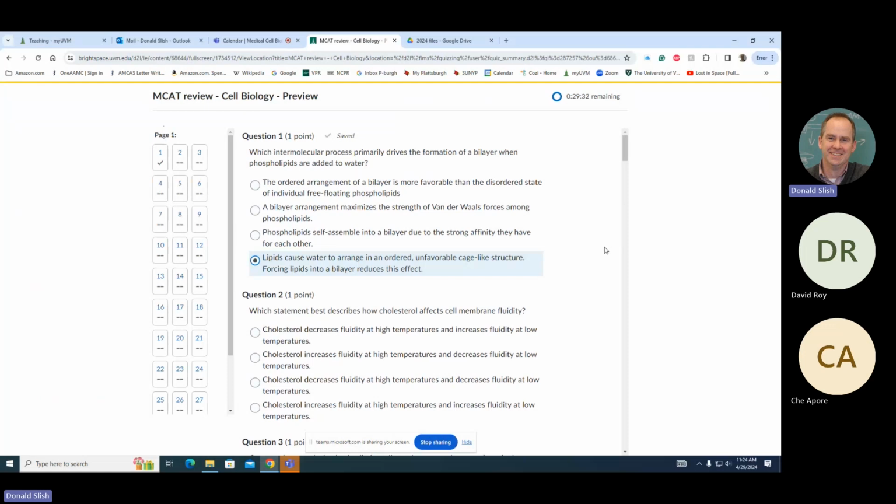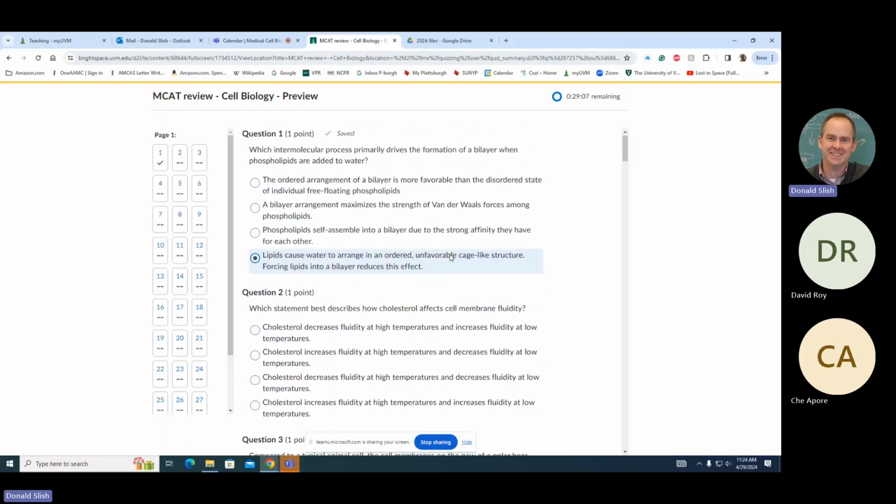They're not really binding to each other. Water's excluding them. So the biggest energy problem is when water tries to dissolve these things, because it breaks up the hydrogen bonds between water. The reason they form this arrangement is because then water gets to be in its lowest energy conformation. So that's the way you want to look at that one.